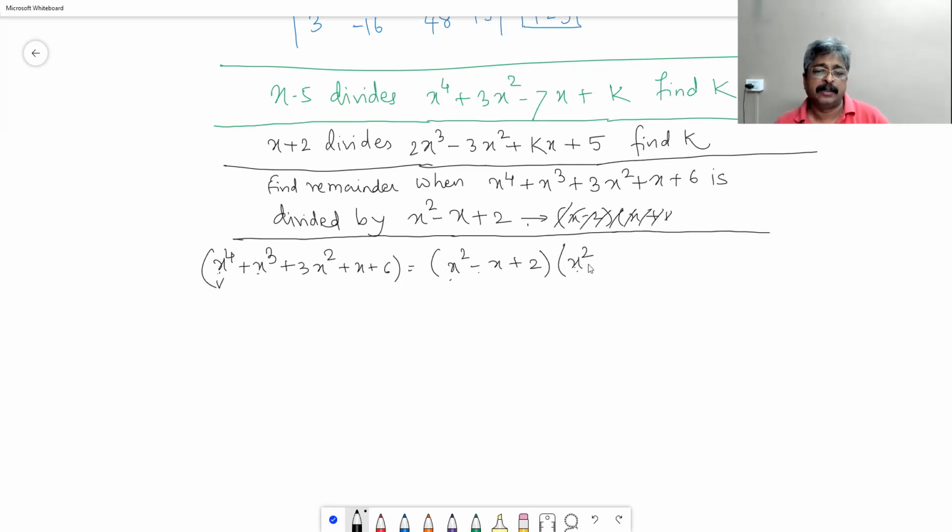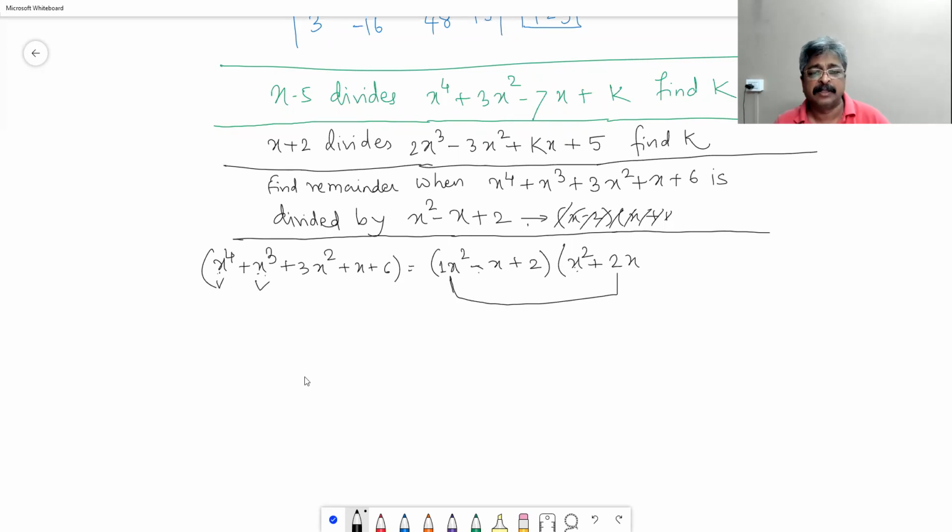So I need plus 2x, because the coefficient of this is 1. Then only you will get plus 2x cube minus x cube is equal to x cube.